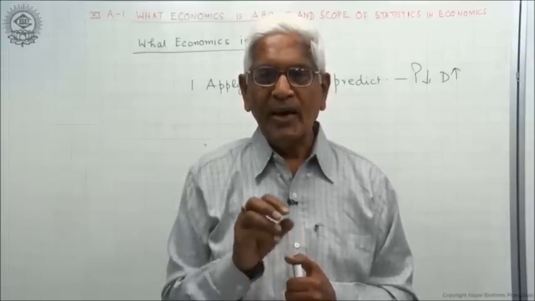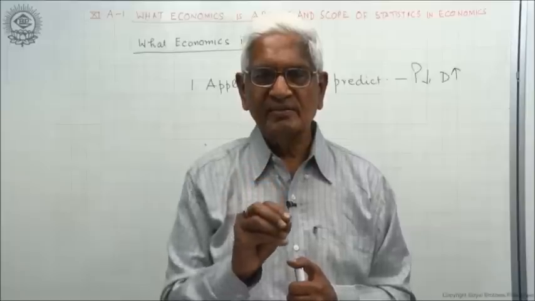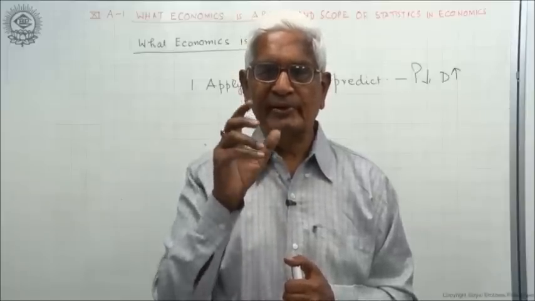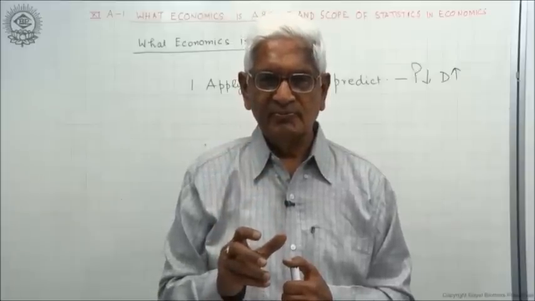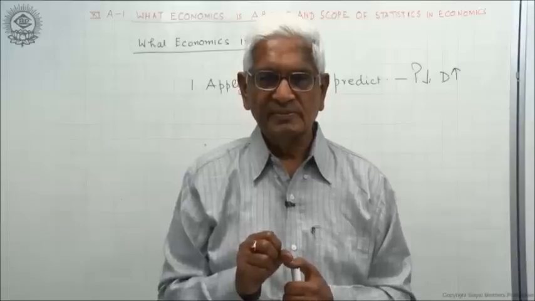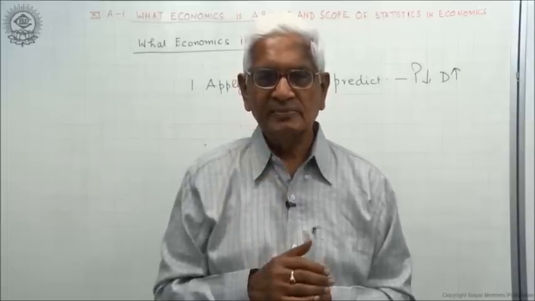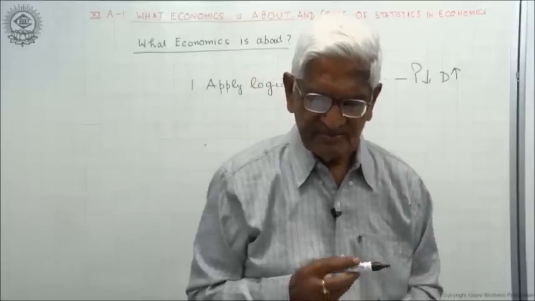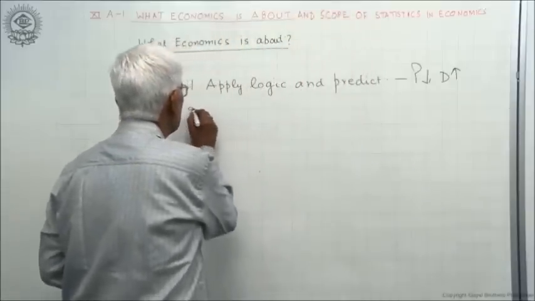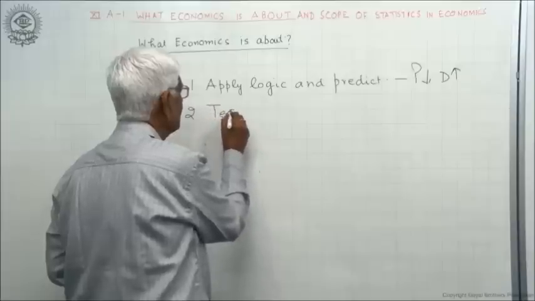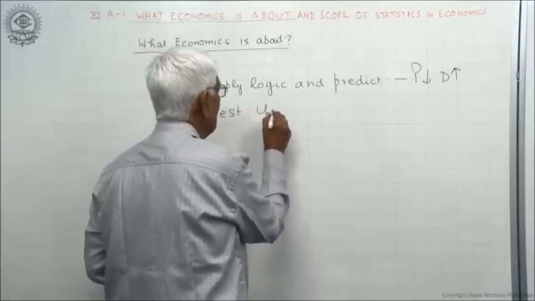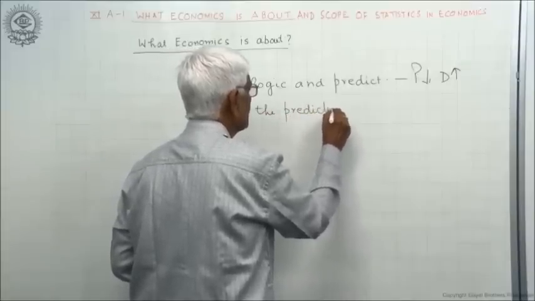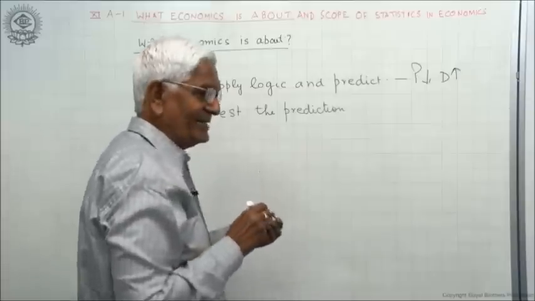Clearly, one who thinks also needs some support from other quarters. जो मैं सोच रहा हूं क्या वाकई ठीक है? तो क्या होगा? So the second step is to test the prediction.